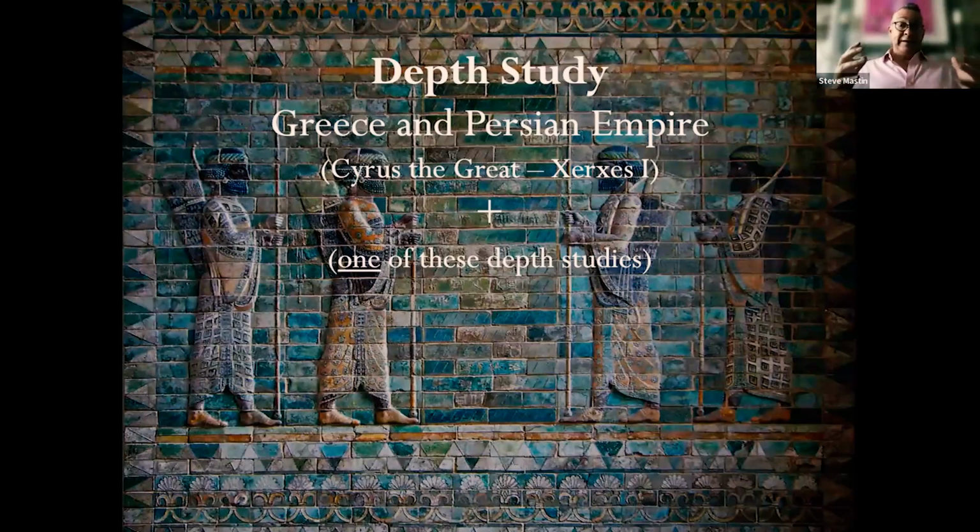So the depth study, looking at the Persian Empire, starts with what is believed to be the first Persian king, who then founds the Persian Empire when he conquers the city of Babylon, and he is Cyrus the Great. And it goes through just a few Persian kings, only 4 of them, the 4th one being Xerxes the First. So that's the compulsory element of the study of the Persian Empire and their interactions with the Greeks.